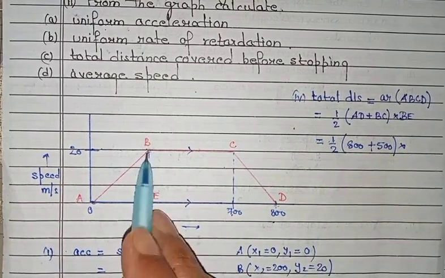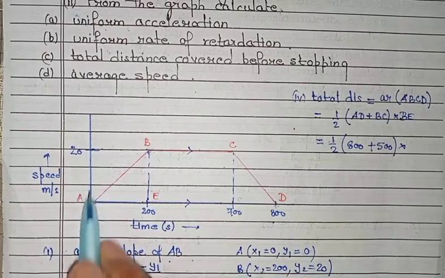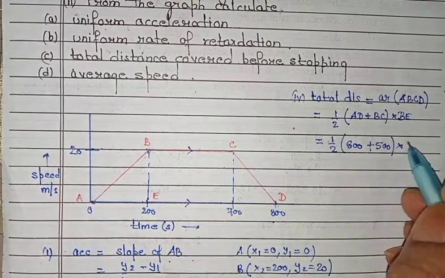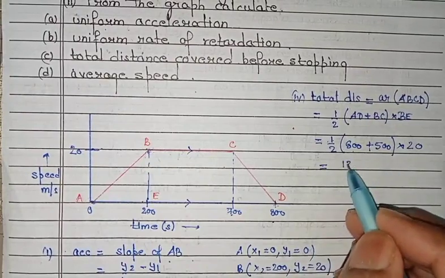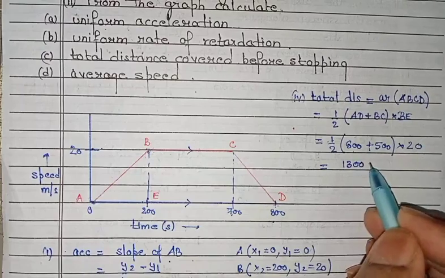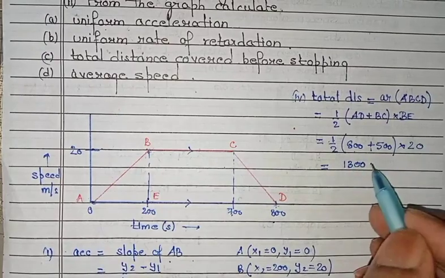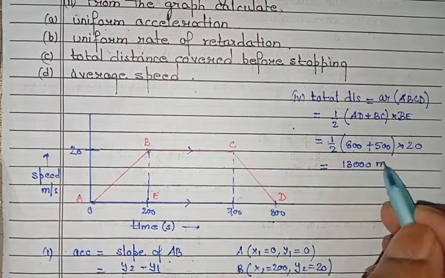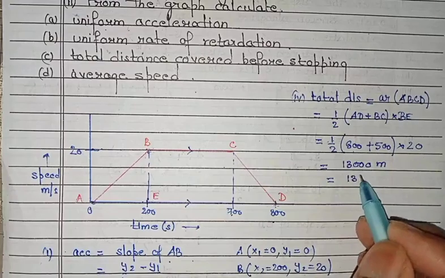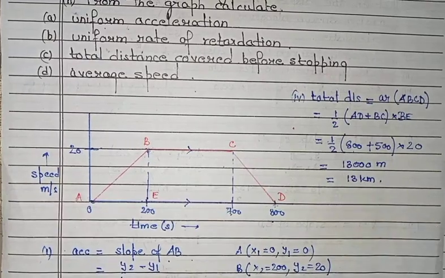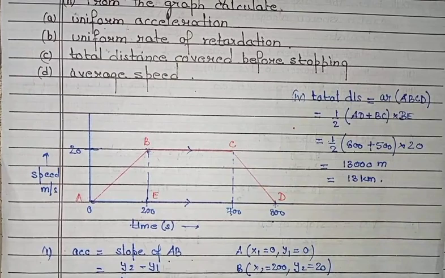BE is this vertical distance, and you can see this vertical one is 20. So this will give you 1300, and this will give you 10, so 13,000 meter. So you can write it as 13 kilometer. So the total distance traveled is 13 kilometer.